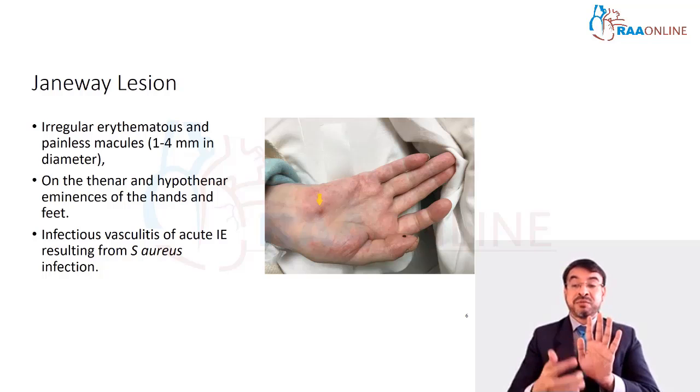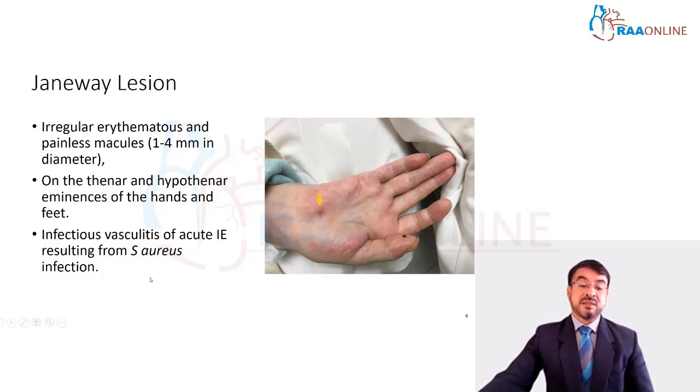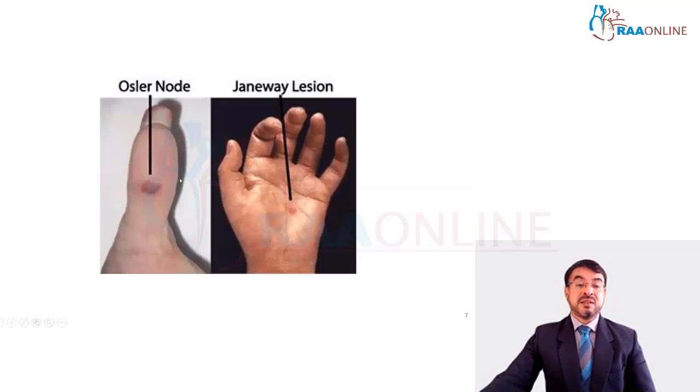The same thing in the feet. Osler's nodes occur in the toes and Janeway's lesions occur in the thenar, hypothenar corresponding area in the feet. Now these are Osler's nodes, raised and painful in the pulp spaces of the digits. These are Janeway's lesions, flat.